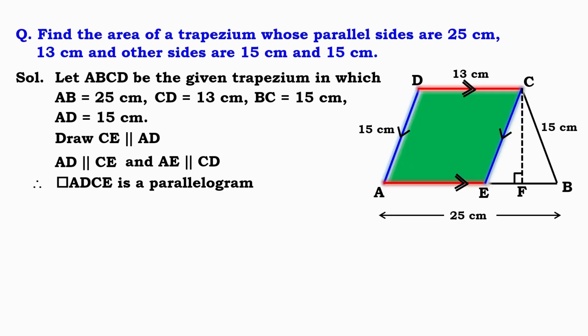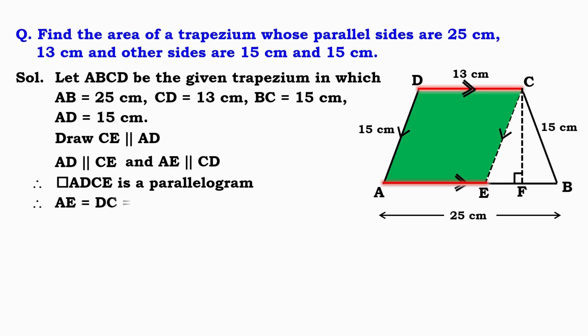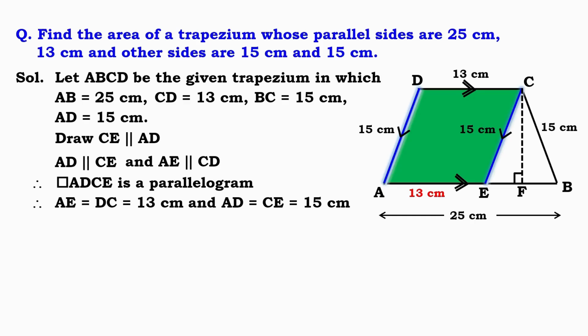Opposite sides are parallel. So we know that in parallelogram, opposite sides are equal, right? So in this case, AE equal to DC equal to 13, and similarly AD equal to CE equal to 15.